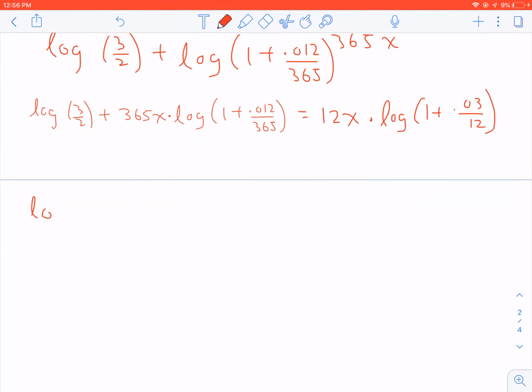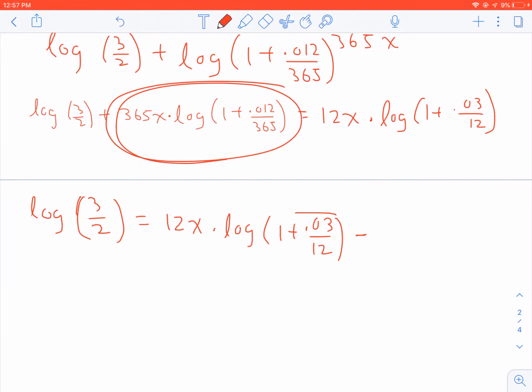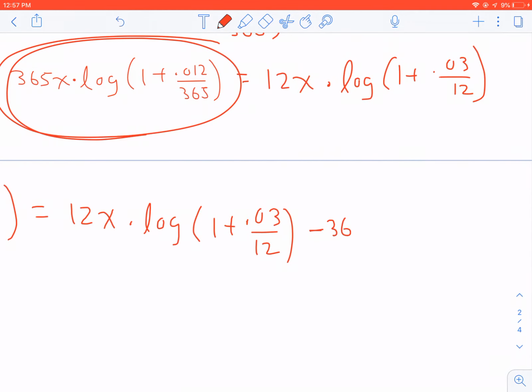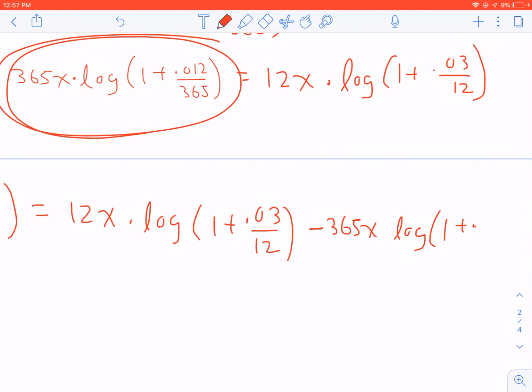So I'm going to make this log of 3 halves equal to 12x times log of 1 plus 0.03 over 12, minus, I'm going to subtract that entire thing from both sides, minus 365x log of 1 plus 0.012 over 365.